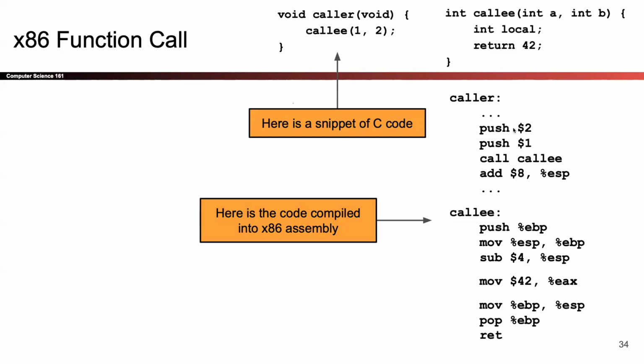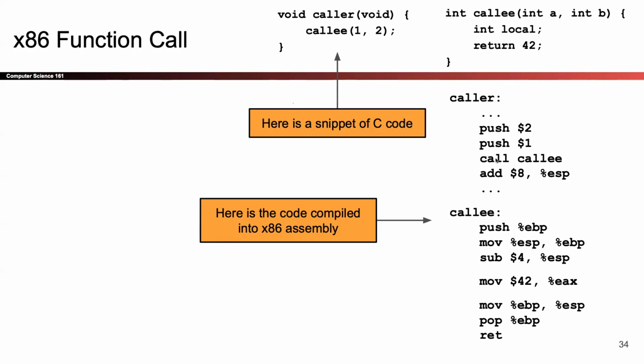Pushing the arguments. The $ means this is a constant number, and if you look up in the C code, the arguments were constants 1 and 2. So that's pushing the arguments.